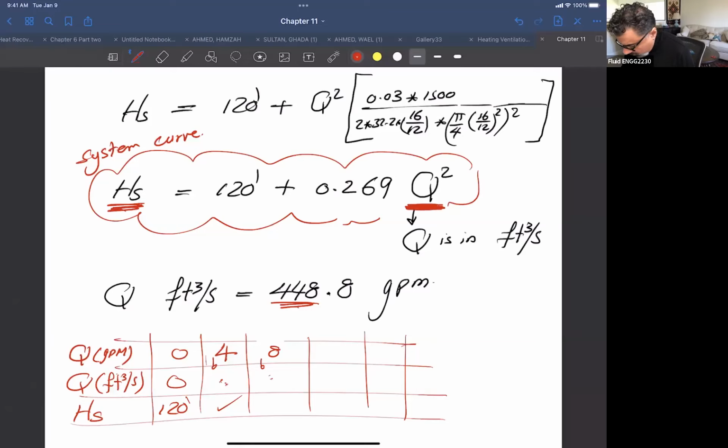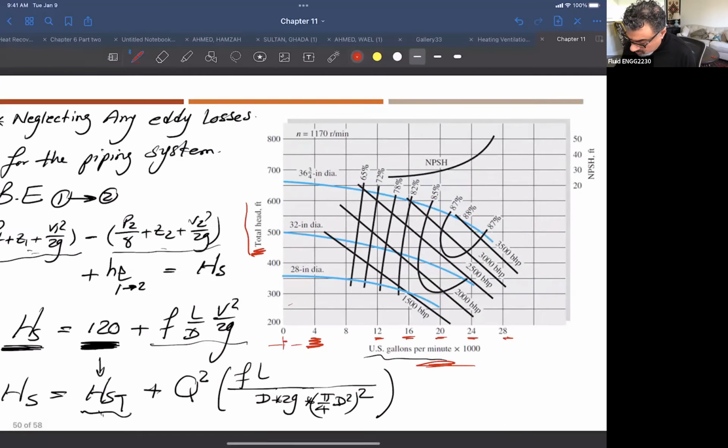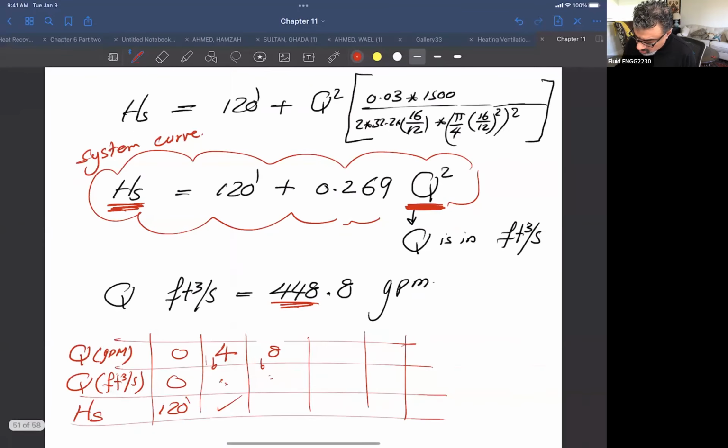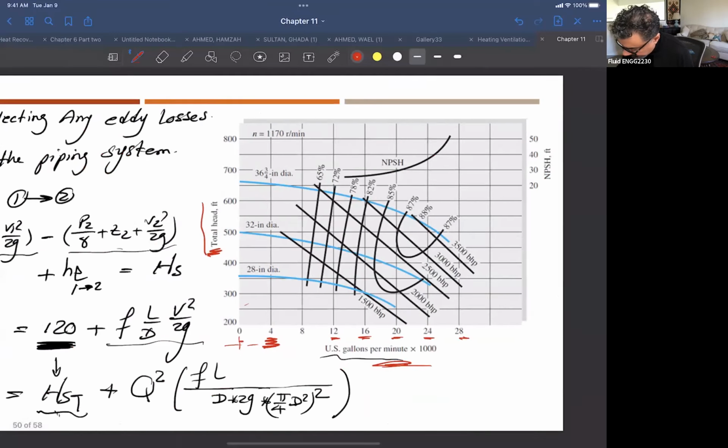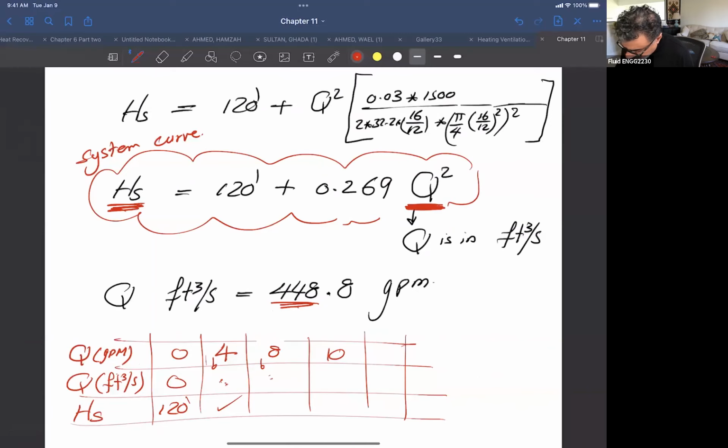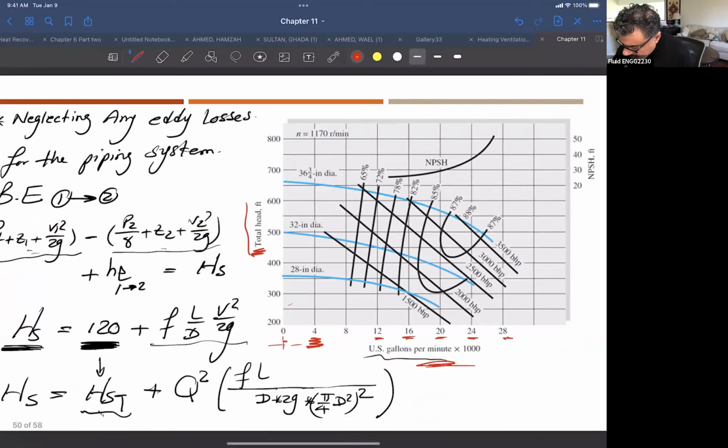It's just a way of converting between the value in the charts where you need to plot, and the value in the equation, which is in feet cubed per second. You can put the values here at 10, or 12, sorry. You can choose whatever numbers here, it doesn't matter. You just need to plot this system on the charts.